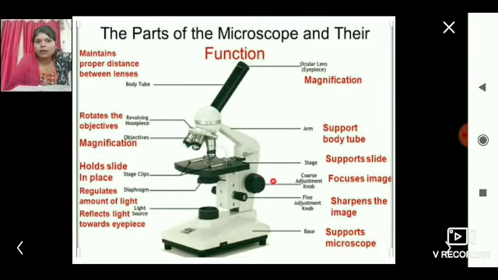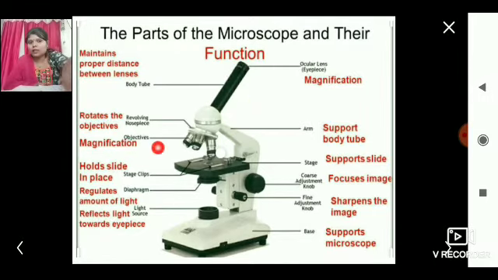This is the supporting body or arm, and you have a stage which supports the slide that needs to be kept there, and focuses the images. You have the adjusting knobs, the fine adjusting knob and the coarse adjusting knob. This is the stand which supports the microscope. The body tube maintains the proper distance between the lenses.